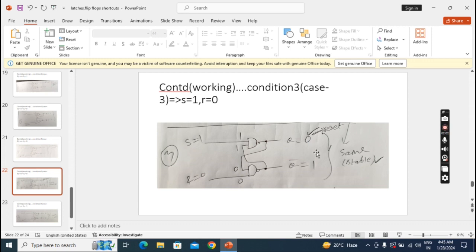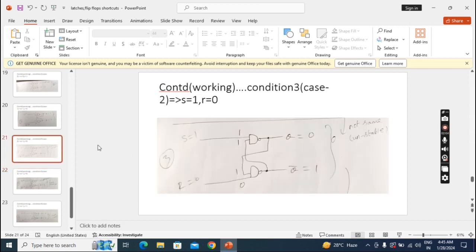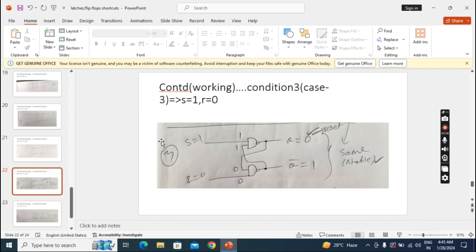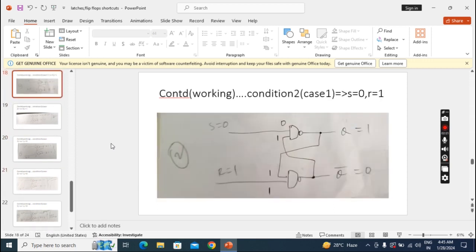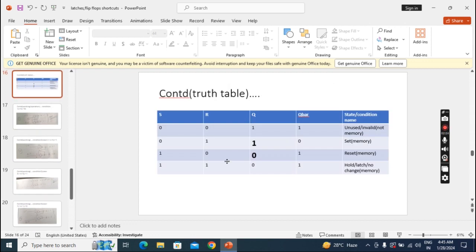So it is stable, because in case 2 what we got, Q0, Q bar 1. Here also we got Q0, Q bar 1. So this is the stable output. So we have to take it as a final output for condition 3, and we have to note down it in truth table. So for S1 R0, what is the output? Say for S1 R0, Q equal to 0, Q bar equal to 1.